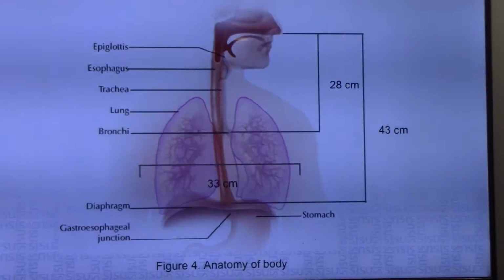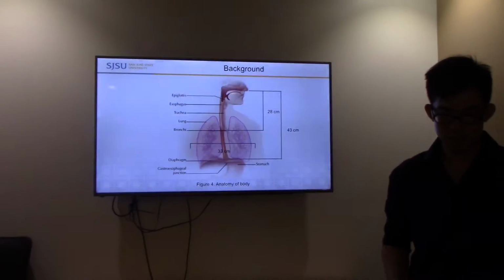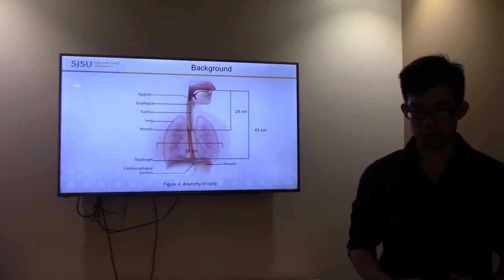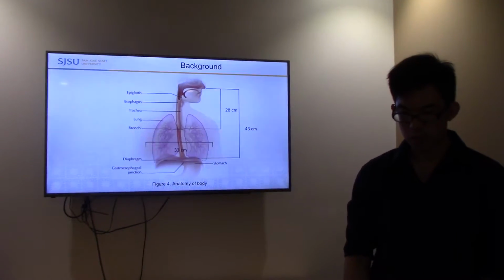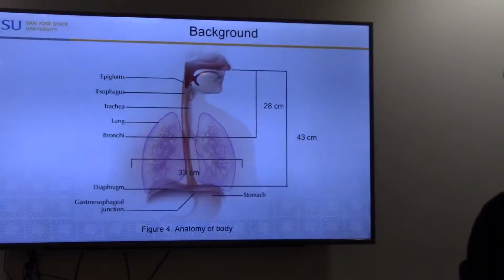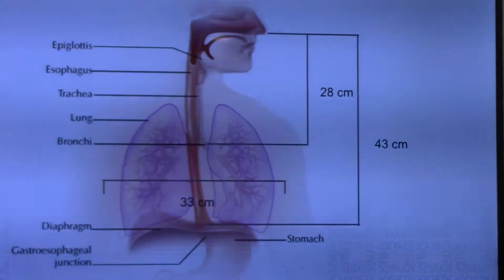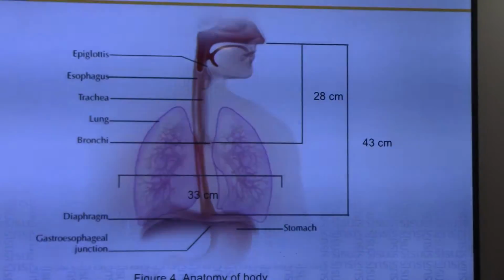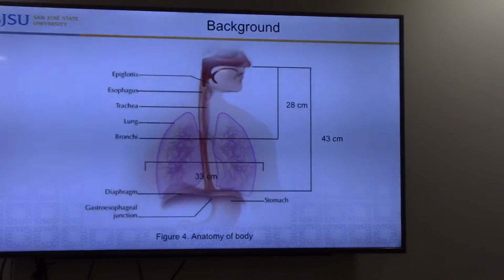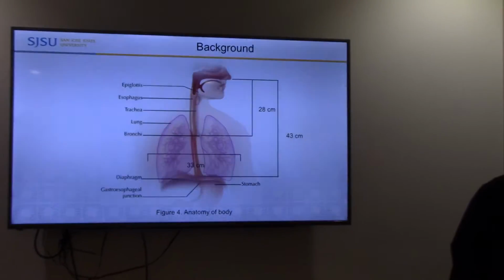And it's placed in the middle of your chest, so it's around 33 centimeters. And a normal adult male has a thickness from the chest to the trachea of around 14 centimeters.